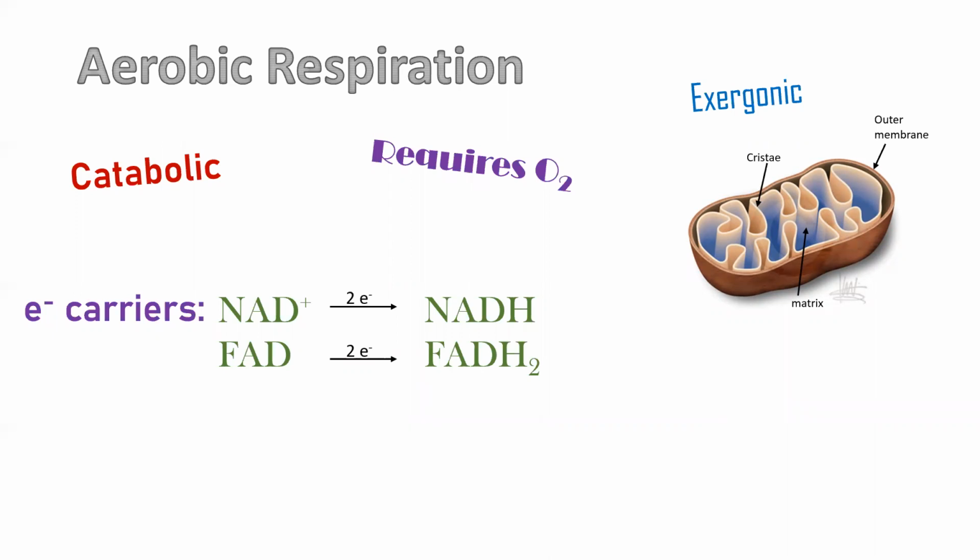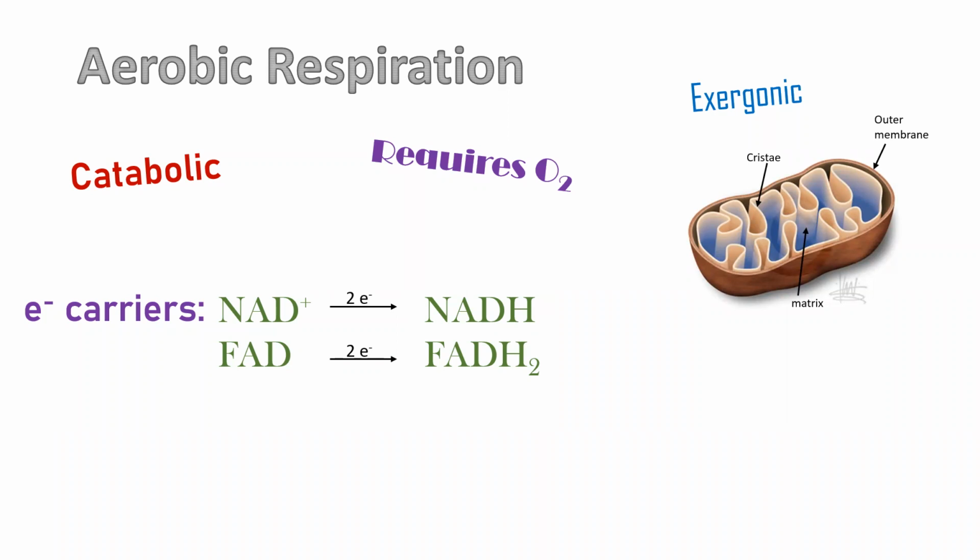Then the second electron would be associated with a single hydrogen atom, so it's got NADH. And then with FAD, if it carries two electrons, it's also going to need to snag two hydrogen protons to balance out those charges. So we have FADH2. Okay, so each of them carry two electrons.